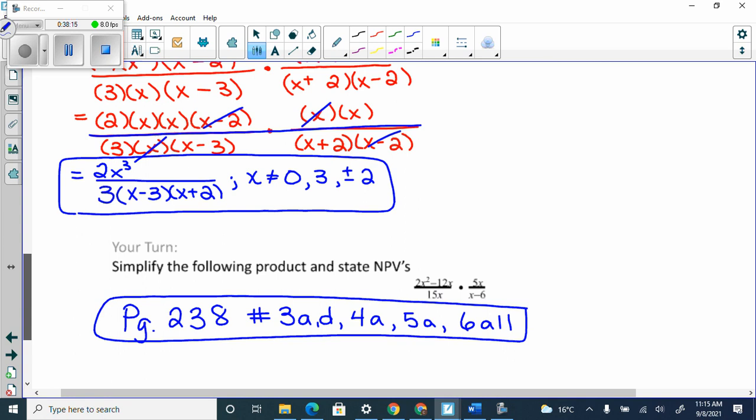I don't get why we don't really sit 12s together. I have a question. 6 all. It does look like an 11, but it's all the letters.